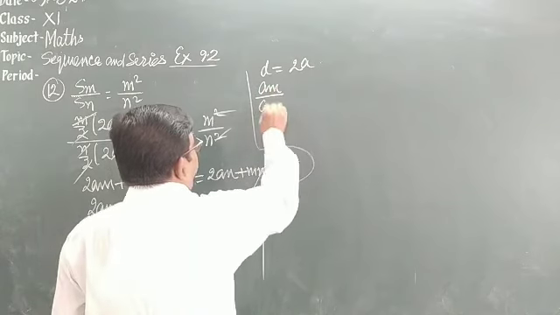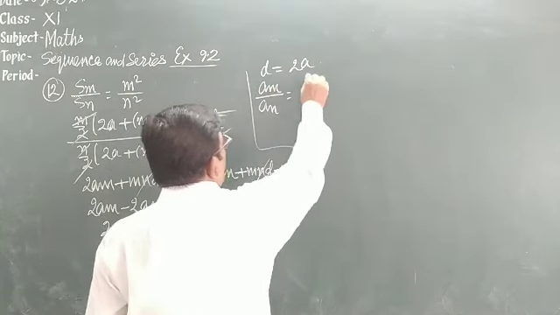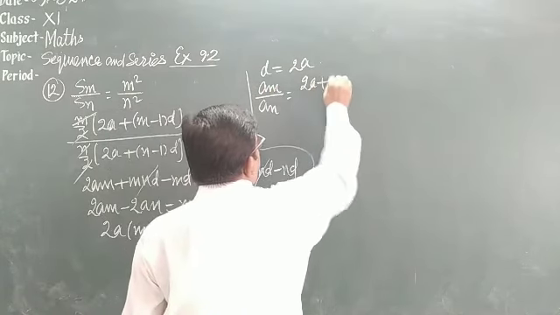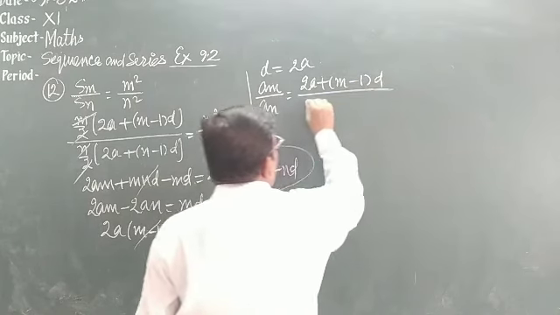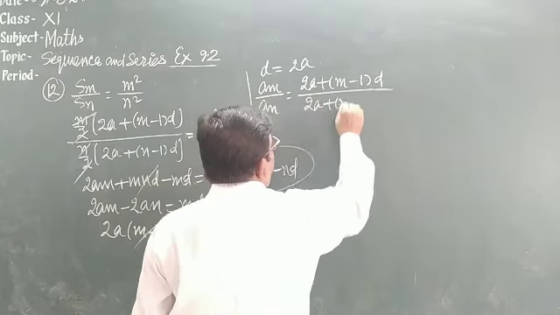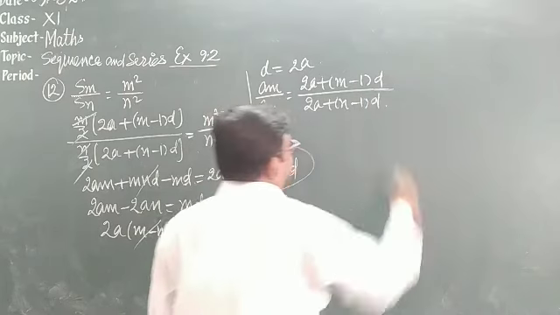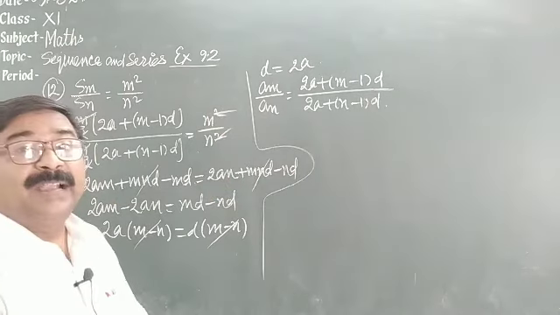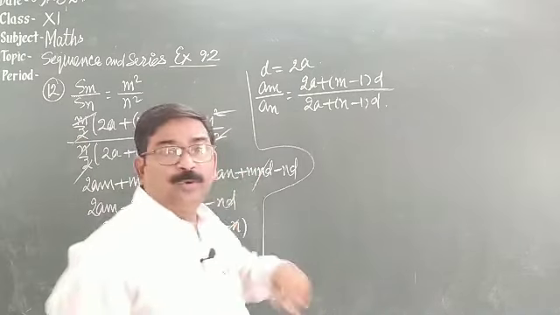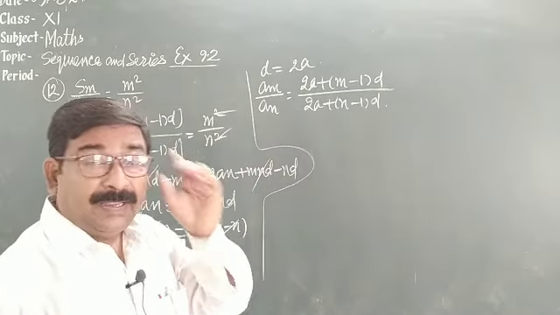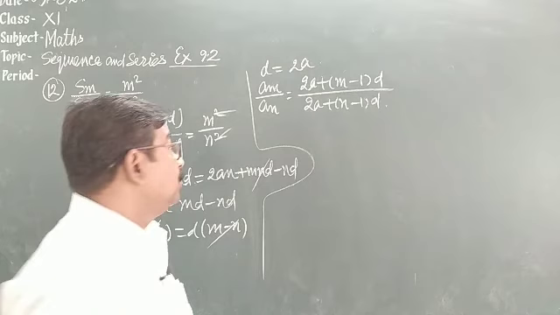am upon an is equal to a plus m minus 1 into d upon a plus n minus 1 into d. Write the value of d. What is d? D is equal to 2a.